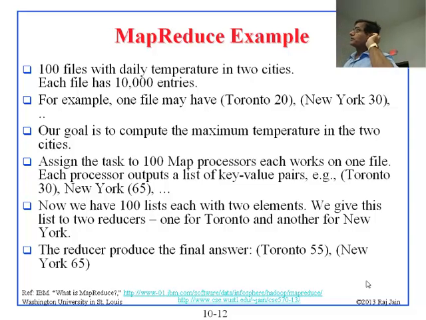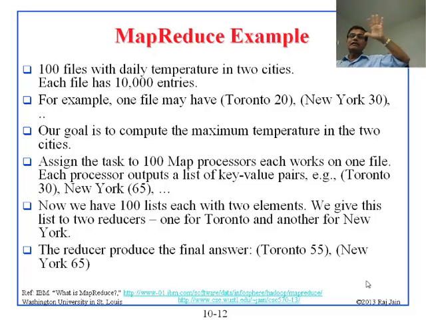Our goal is to compute the maximum temperature in the 2 cities. Assign the task to 100 map processors. Each works on one file because there are 100 files. Each processor outputs a list of key value pairs. So this one goes through all these 10,000 entries and comes out with 2 values.